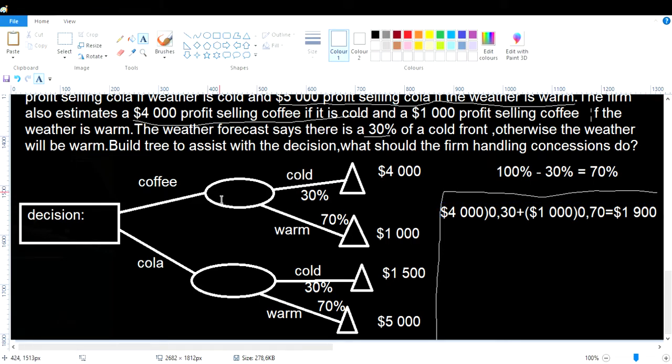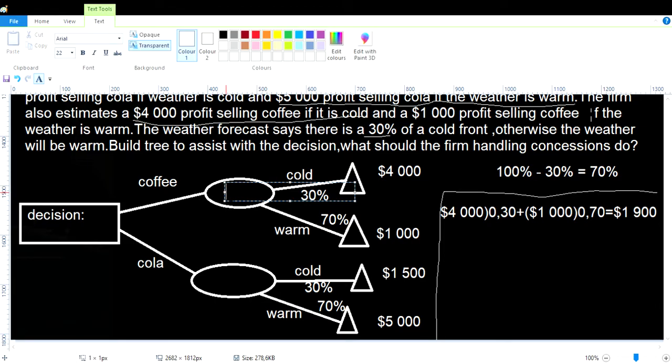So the expected value of coffee is $1,900.